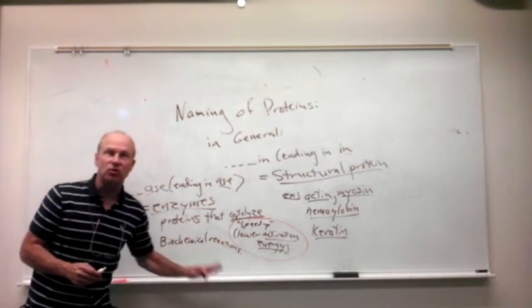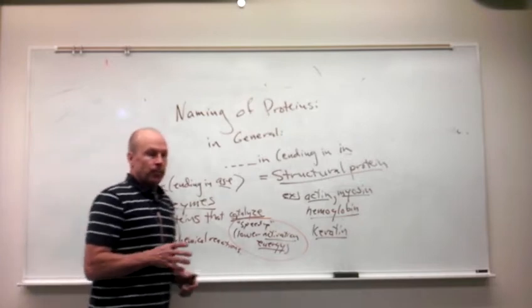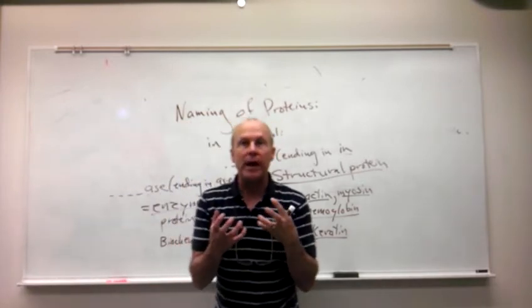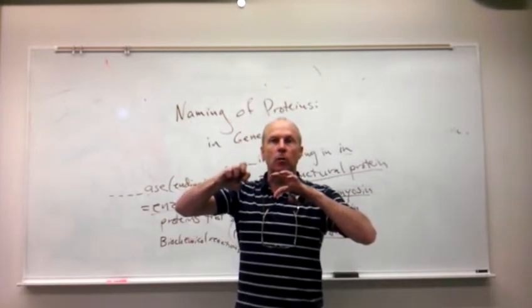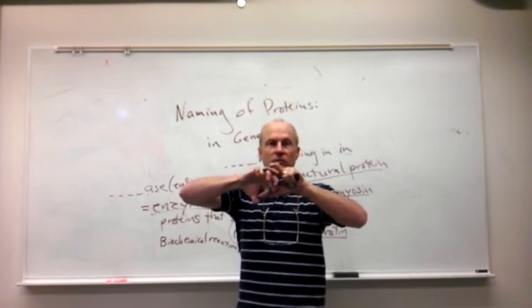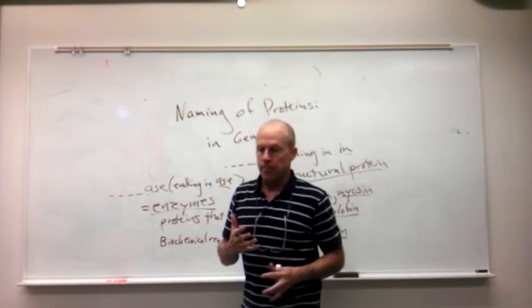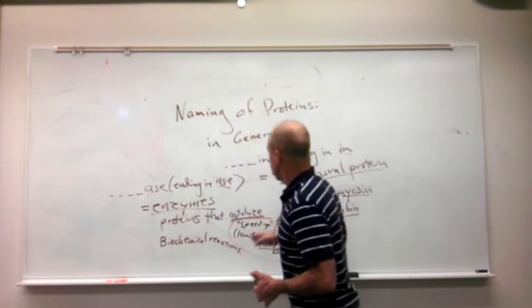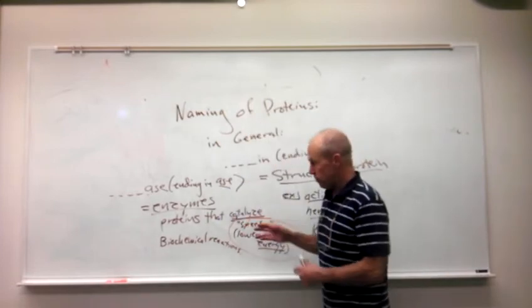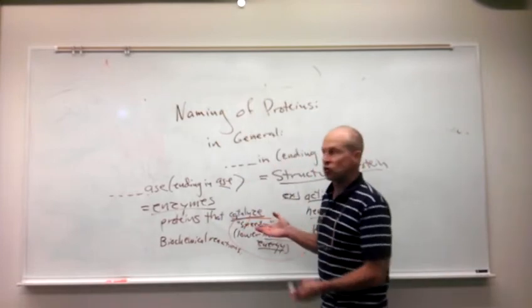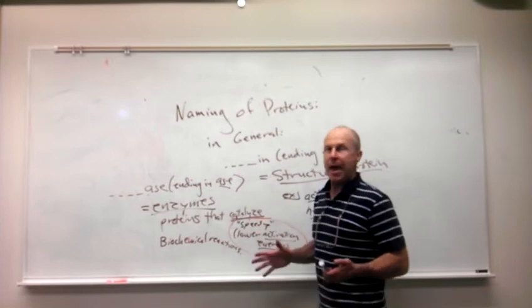That's what enzymes do. So, for instance, the chemical reaction of breaking a glucose off of starch. That reaction is enabled or sped up or caused to occur by the enzyme amylase.